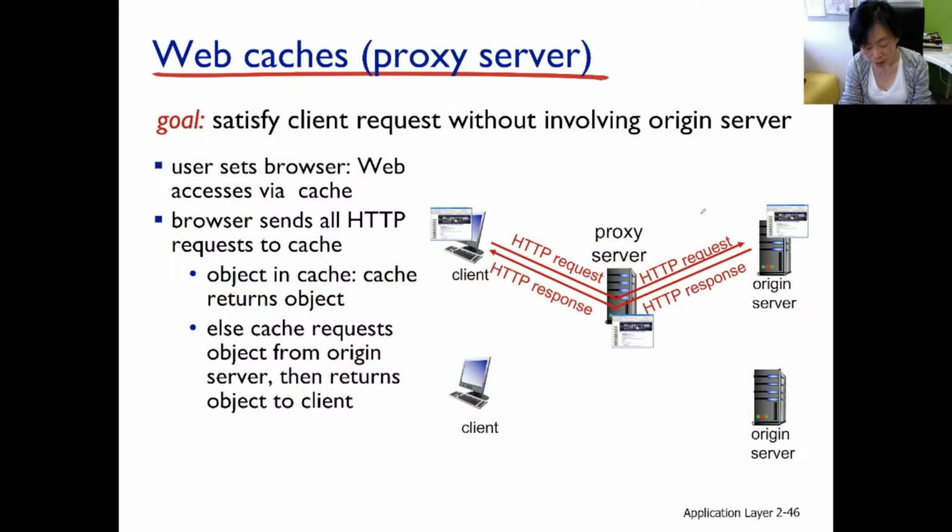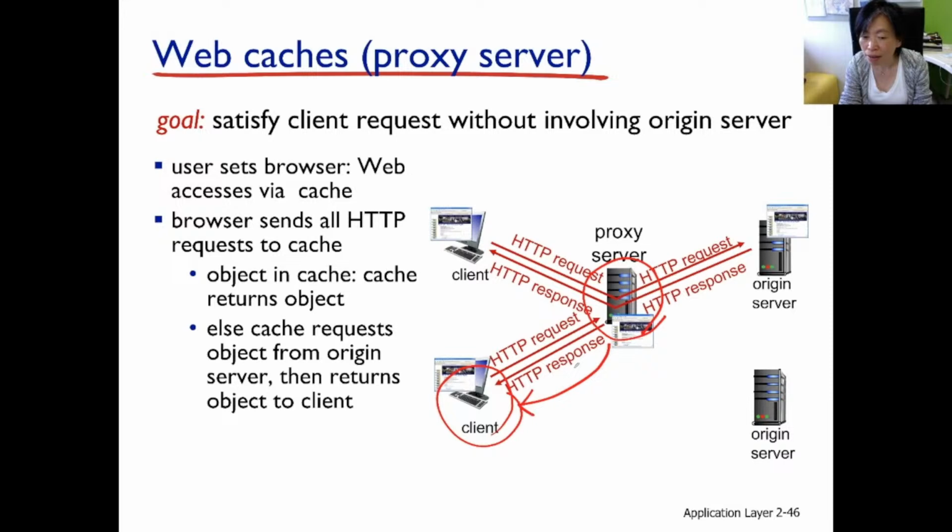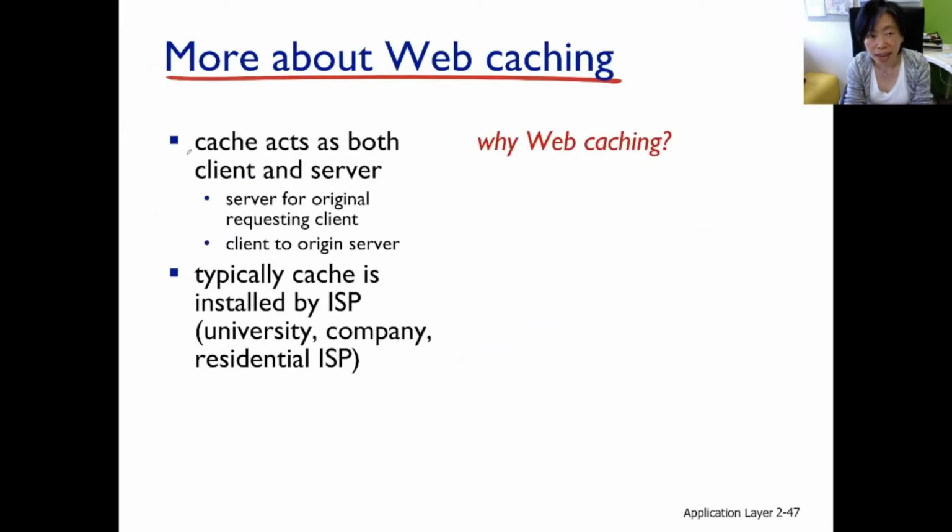And what's nice about this is, look at this client down below. If the client requests the same object, it's a hit at the cache. The server here sends back the object directly without going through this segment of the internet. So the cache acts both like a client and a server. As a server, it serves the original client the objects. As a client, because if there's a miss, it will request the original server for a copy of the object.